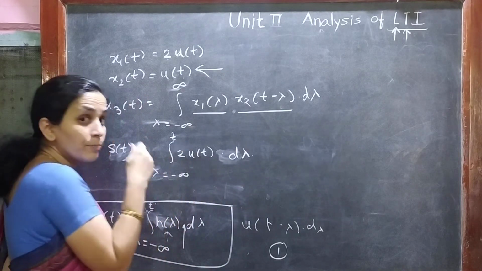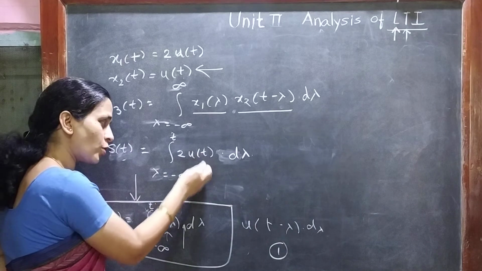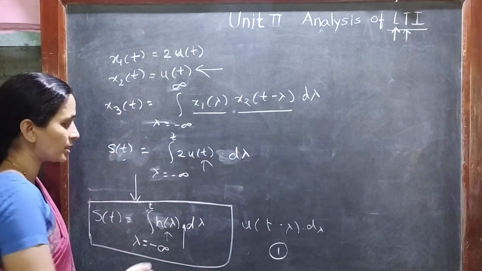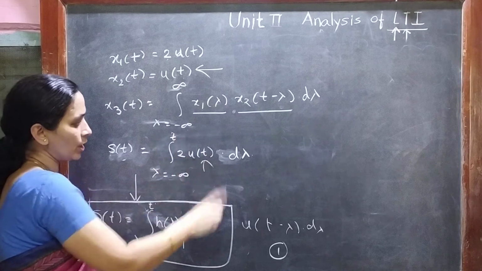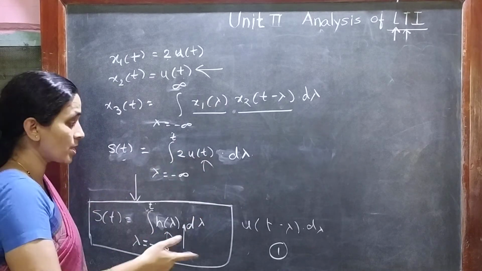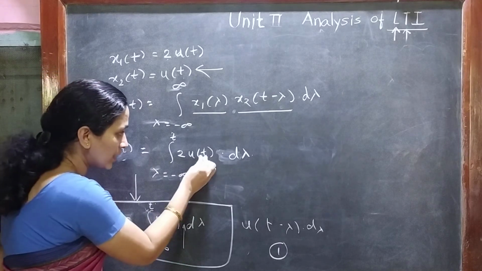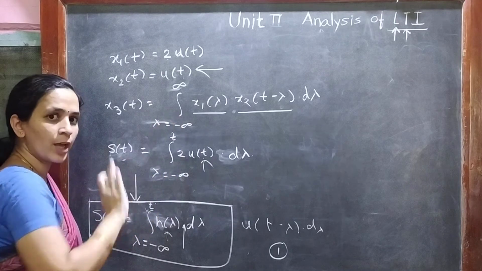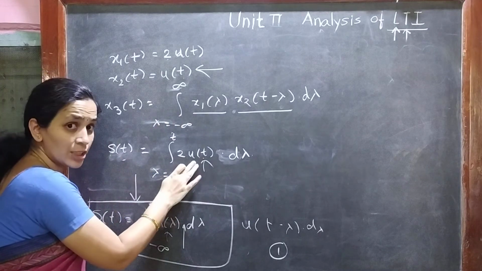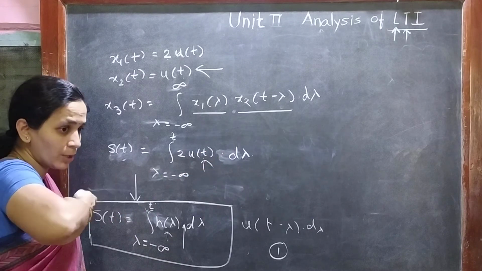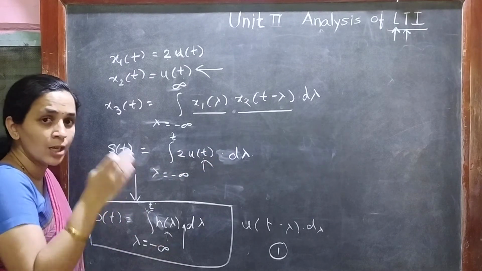Now by chance this signal also is a unit step signal, okay? So as this is a unit step signal, obviously from minus infinity to t, it is also going to have from 0 to t. This signal is there from 0 to t. So from 0 to t it is also having the value 1. It is neither shifted, nor is it there in the negative domain. So on the negative axis, during the minus infinity side, its value is 0.